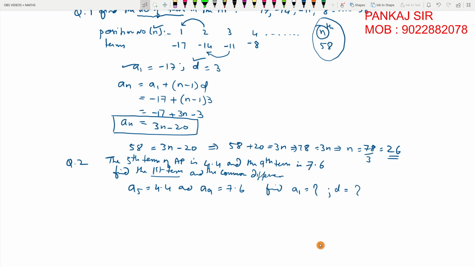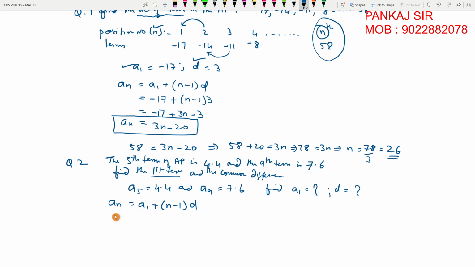So here again we are going to make use of the nth term formula. You know that the nth term or the general term for any arithmetic progression is an equal to a1 plus (n minus 1) times d. Now he is telling you that a5 is 4.4.